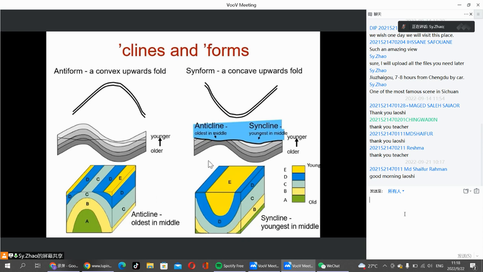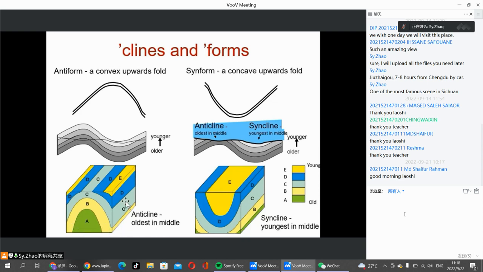So when we see an outcrop with some anticline or syncline in the field, how can we recognize whether it's an anticline or syncline?